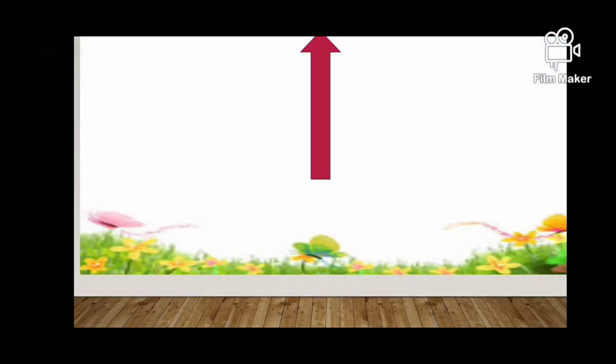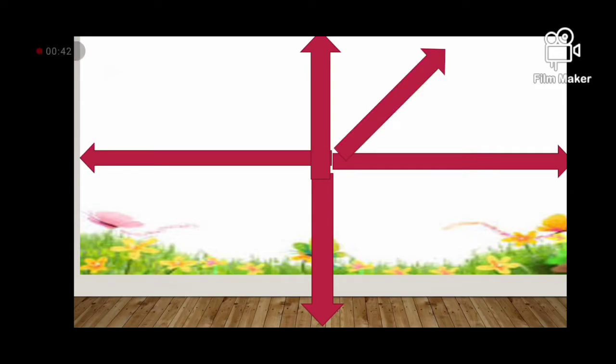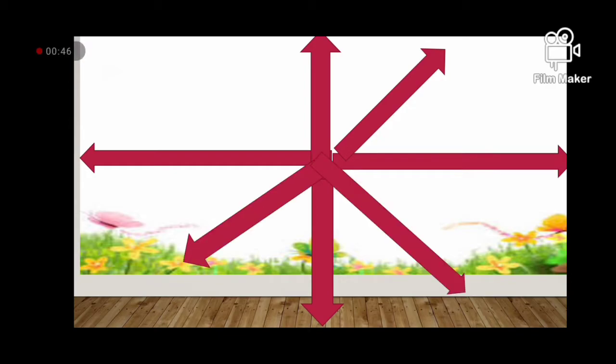Rays can move up, down, right, left, diagonal or any direction. Rays can go on and on only in one direction, but they can move in any direction.